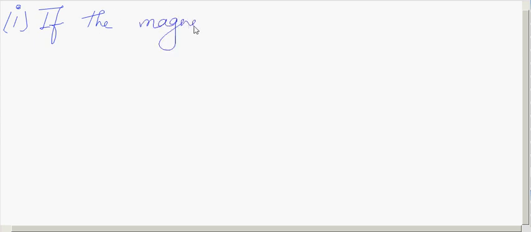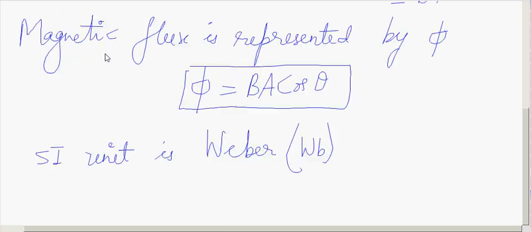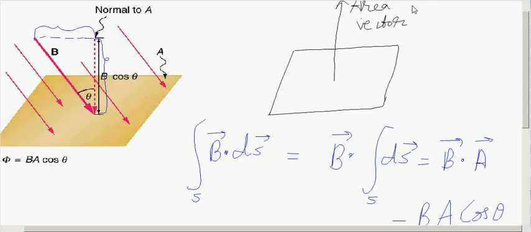If the magnetic field over the entire surface is uniform, and let's say we have this figure, you can consider this figure in that case.